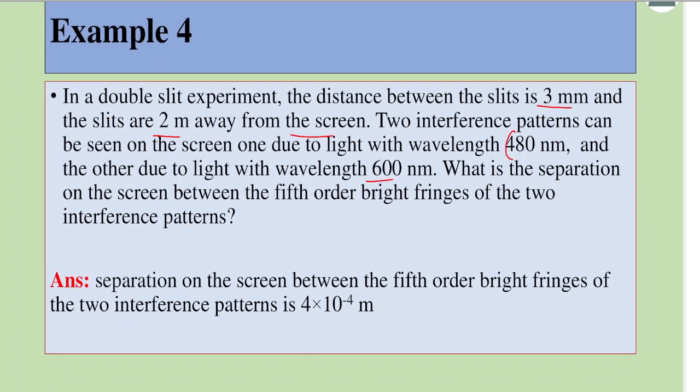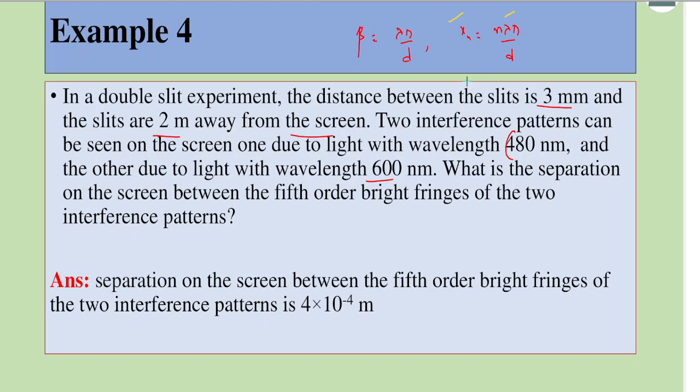So we know that the fringe width is given as lambda D by small d, and also we know that the distance of the nth bright band is given as n lambda D by small d. Now if you use two different colors, that is two different wavelengths, then the distance of the bright fringe also would vary because it depends on lambda.